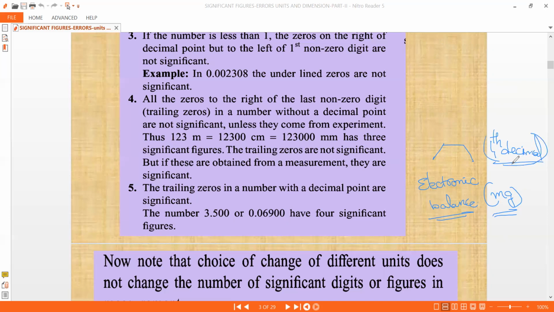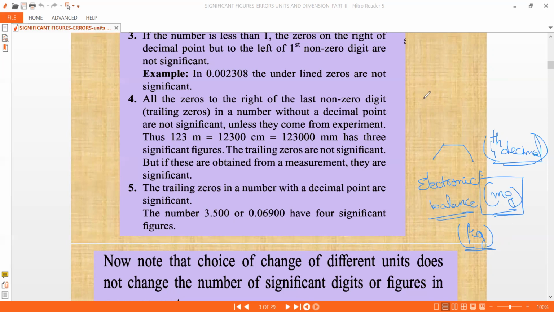Even right now, electronic balances are going up to the microgram level. So when you fix it at the milligram level and start taking measurements, your 4th or 5th decimal, depending upon the structure and electronics used in the balance, will fluctuate. At the 4th or 5th decimal, you will be uncertain about that weight.